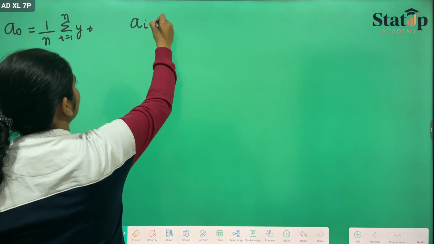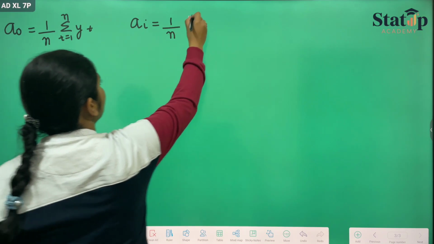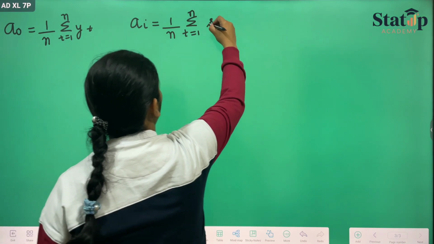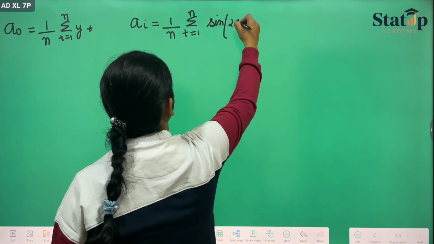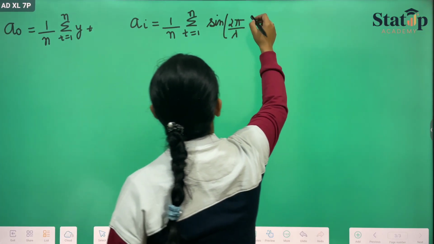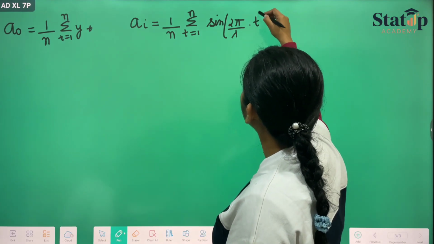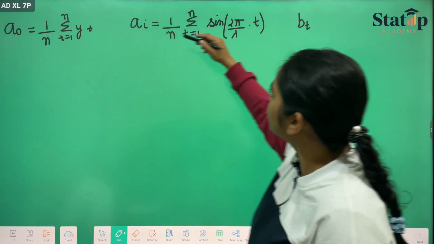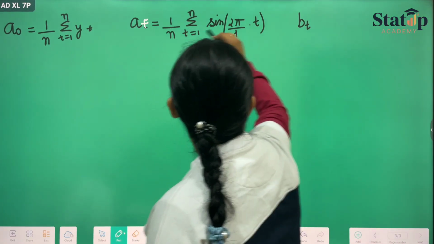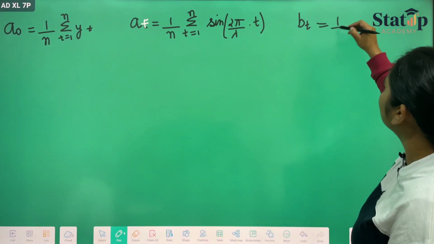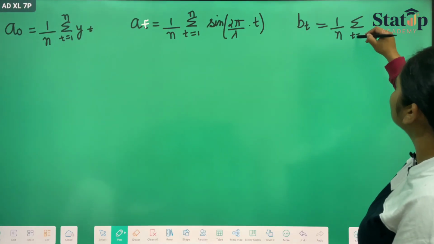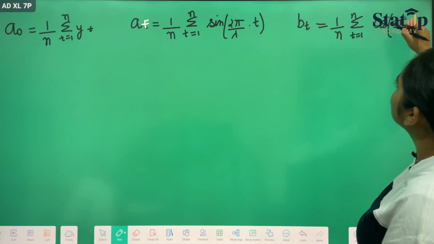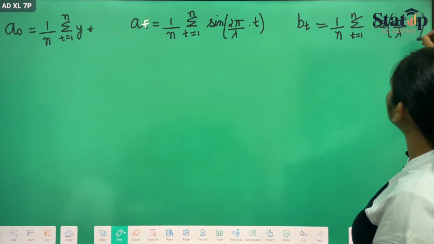Small a t is nothing but 1 upon n summation t goes from 1 to n sine 2 pi by lambda into t, and b t, sorry, these are t, this is t not i, is nothing but 1 upon n summation t goes from 1 to n cos 2 pi by lambda into t.